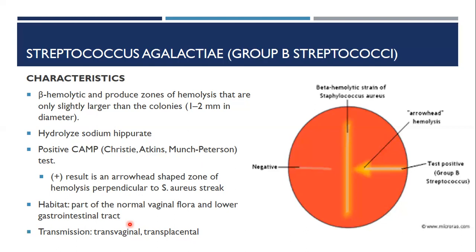The medical application is that any pregnant woman whose vaginal flora and perineum are colonized by group B streptococci must be given antibiotics prior to giving birth, because group B streptococci will cause neonatal infection in the newborn infant.